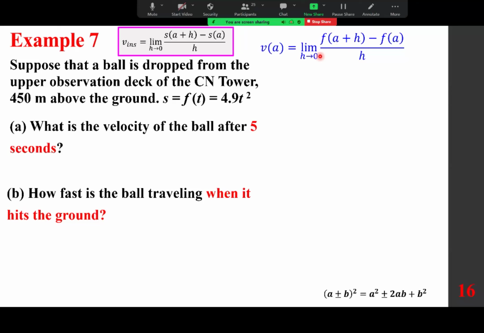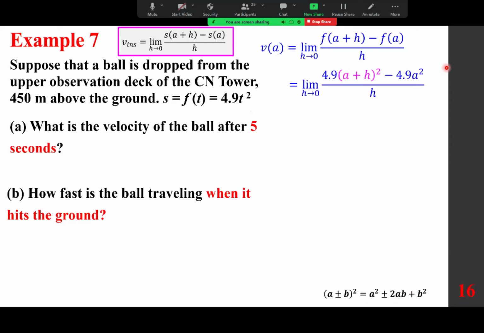So the limit of f of a plus h minus f of a over h as h approaches 0. So replace the t with a plus h. You get 4.9 times a plus h squared minus f of a, which is 4.9 a squared. Now this part, remember, is a squared plus 2ah plus h squared.